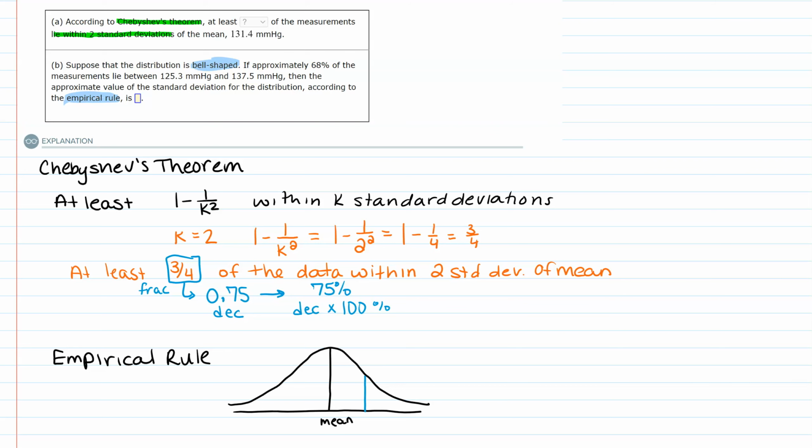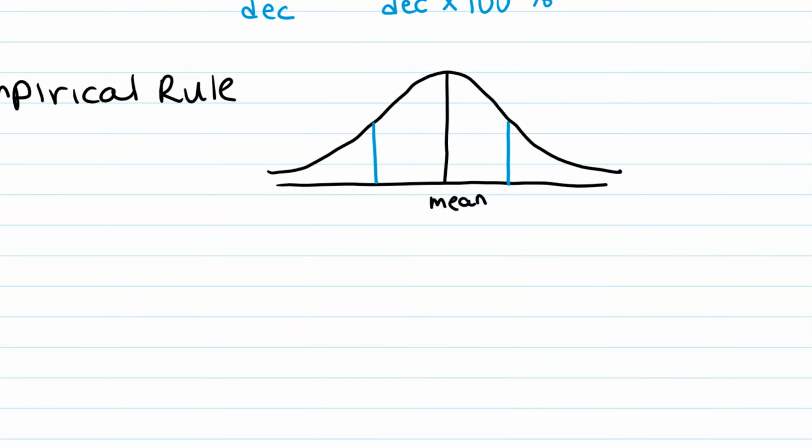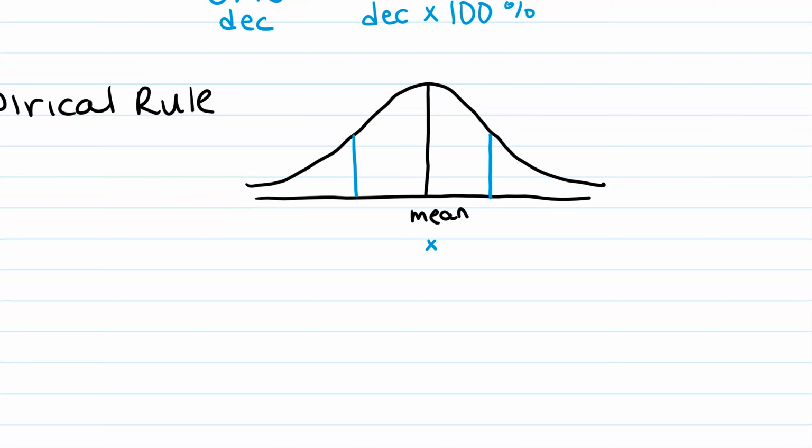If we jump 1 standard deviation, so let's call the mean x with a little bar over it, then if I move to the left one standard deviation, moving to the left subtracts. So this bar here would be x bar minus s. And if I move right s, then this second bar would be x bar plus s.